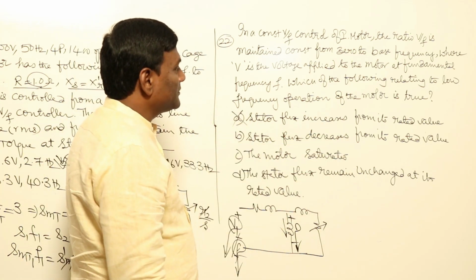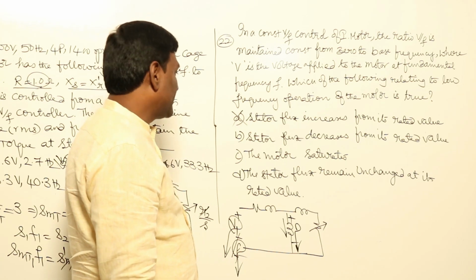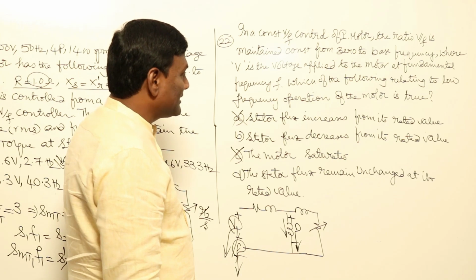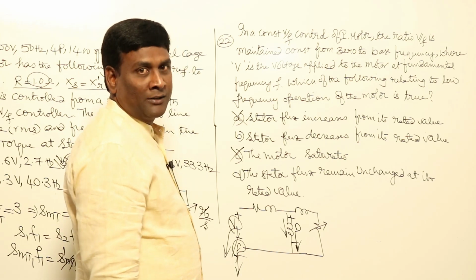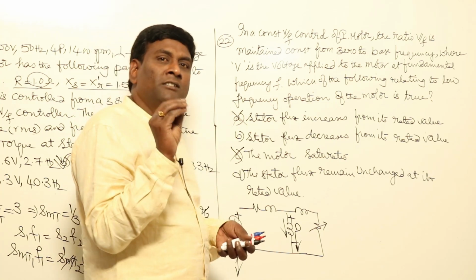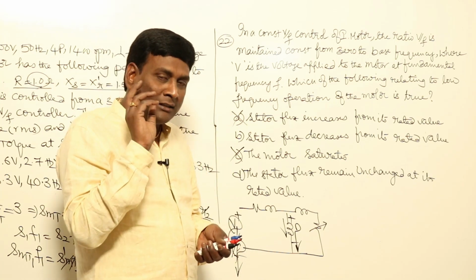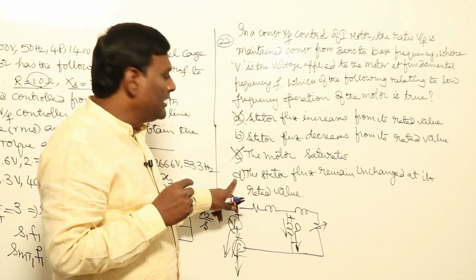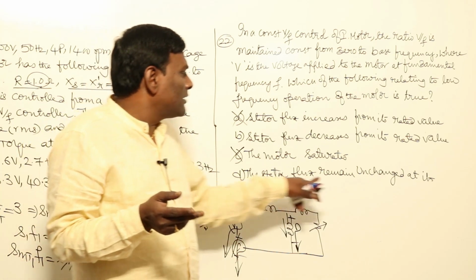Stator flux increases is out. Stator flux decreases from its rated value, let us keep it aside. The motor saturates. The stator flux remains unchanged at its rated value. Specifically, we have to understand the mindset of the paper setter. Normally, if you maintain the V by F ratio constant, does the stator flux remain constant?